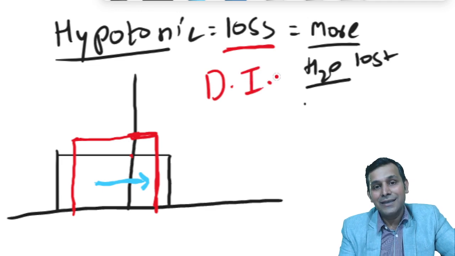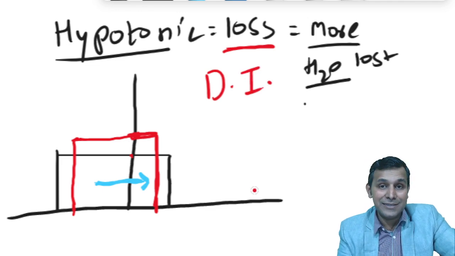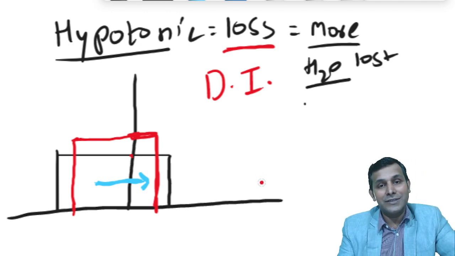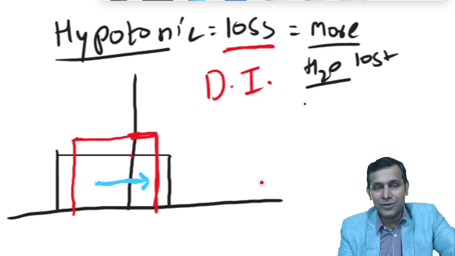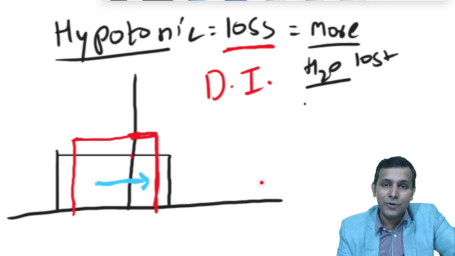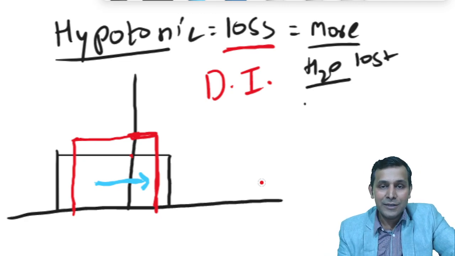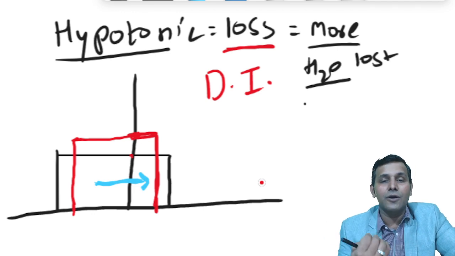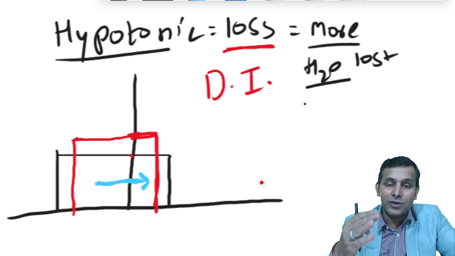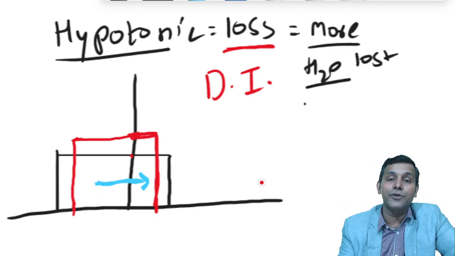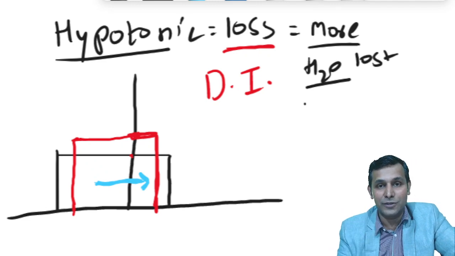In diabetes insipidus, what happens? The ADH hormone is either not synthesized or is less in quantity, or the ADH hormone is failing to work on the cells of the nephron. So the kidneys are unable to reabsorb water and excessive water is lost in the urine. So the person is losing more water in the urine, opposite to the previous situation.